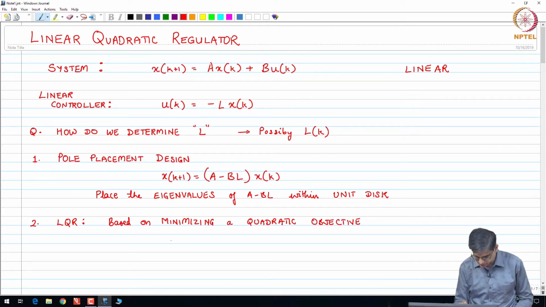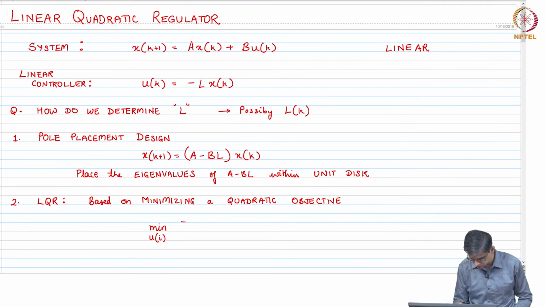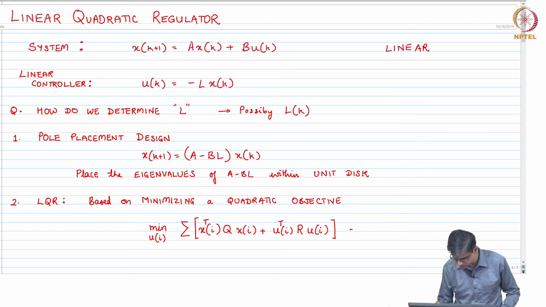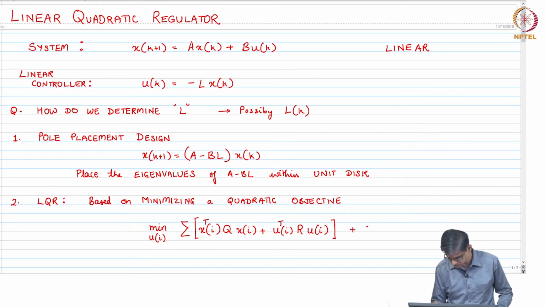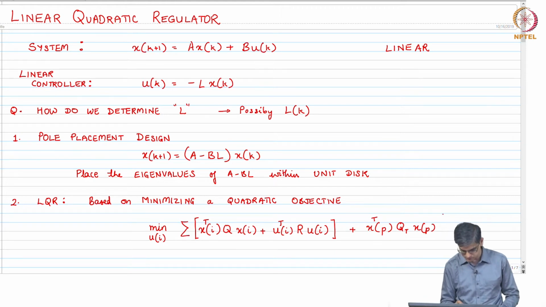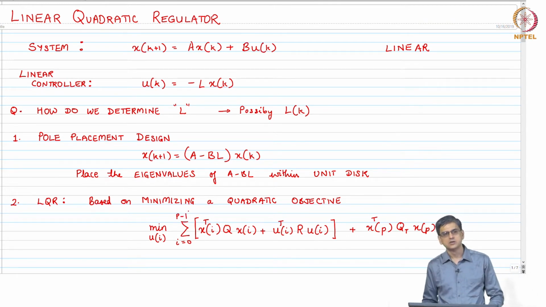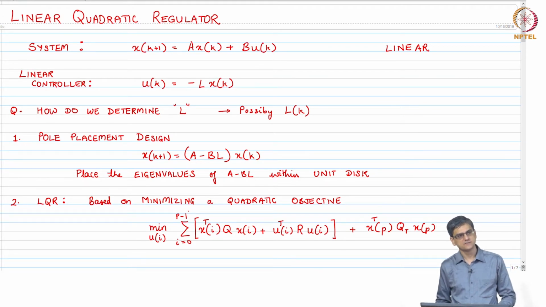And the quadratic objective is going to be min, very similar to the objective function that you have seen in MPC.